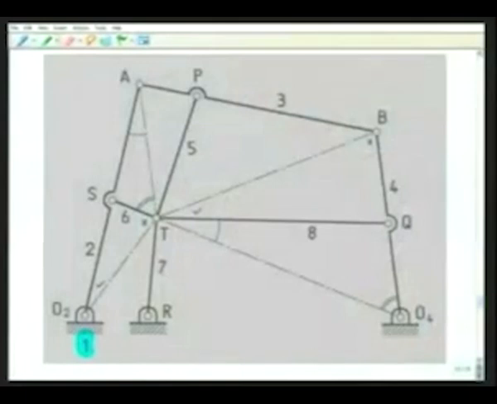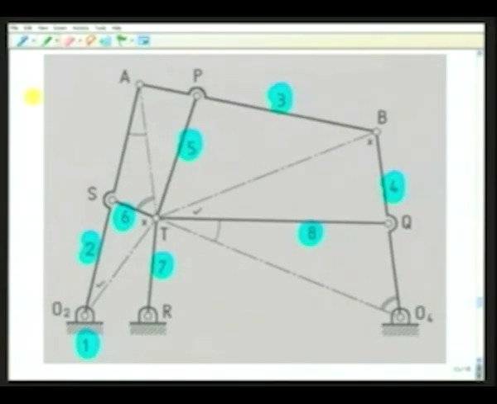As a further example of an overclosed linkage, let us consider this 8-link mechanism which is known as Kempe-Burmester focal mechanism. As we see, there are 8 links, link 1, link 2, link 3, 4, 5, 6, 7 and 8.